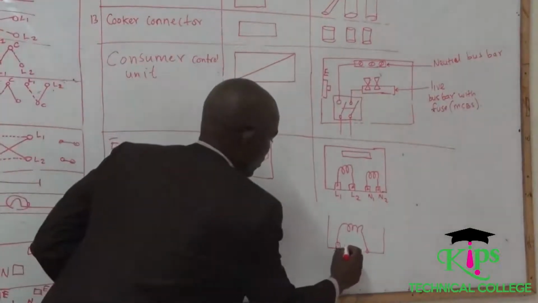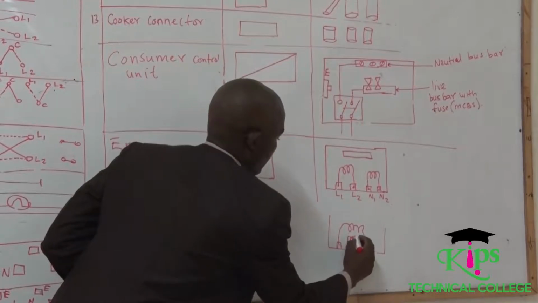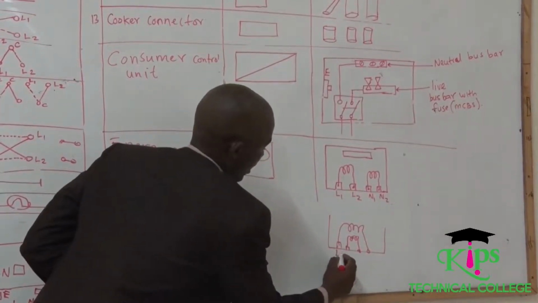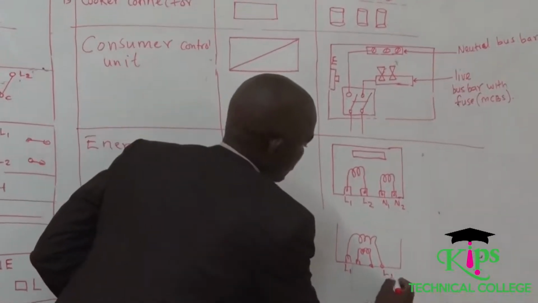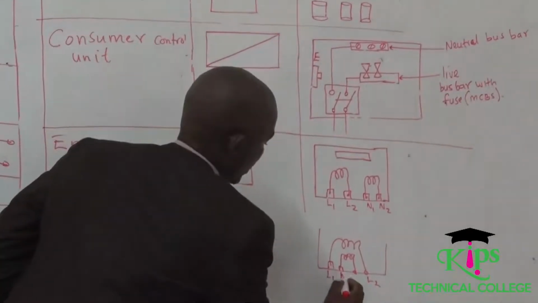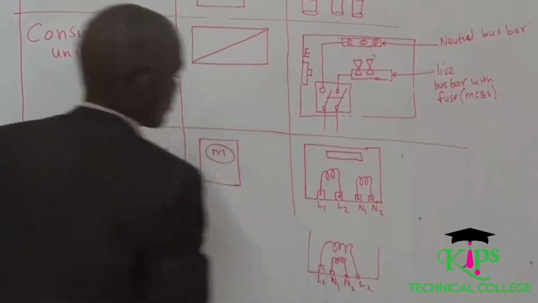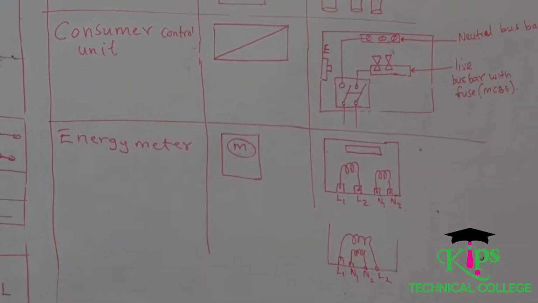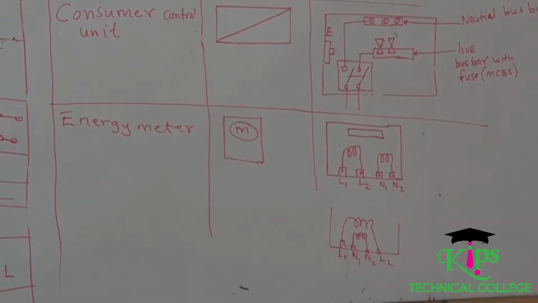And then the neutral comes here. So I'm saying you might find live 1 comes here, live 2 there, neutral 1 here, and neutral 2 on the other side. So it depends essentially on the manufacturer and how it has been designed.